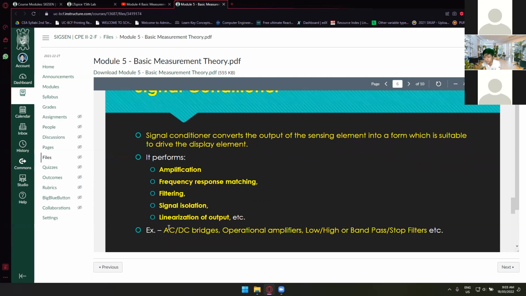We have examples here like AC/DC bridges, operational amplifiers, or low pass, high pass, or band stop filters, etc. Again, this can be measured with the use of LTSpice. I'm pretty sure that it will always give you a signal output or a number, if you pinpoint that signal output.